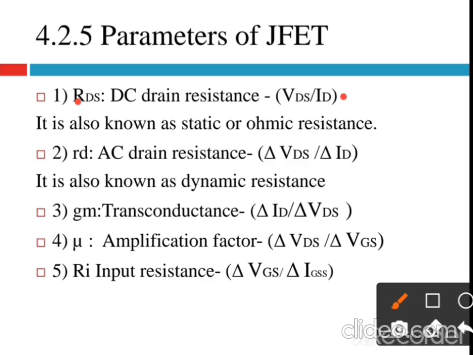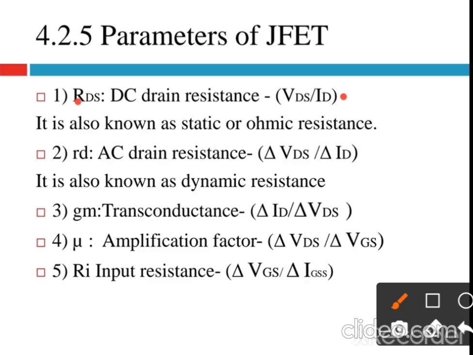The second parameter is AC drain resistance. It is also known as dynamic drain resistance, and is the AC resistance between the drain and the source terminal when the JFET is operating in the pinch off or saturation region.